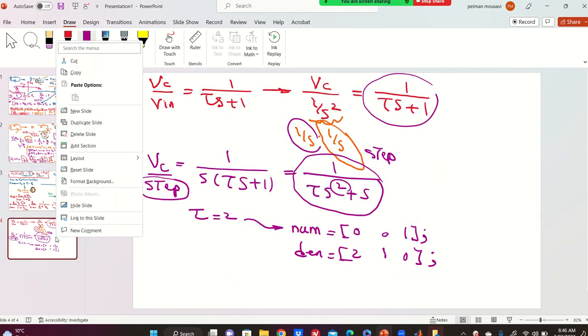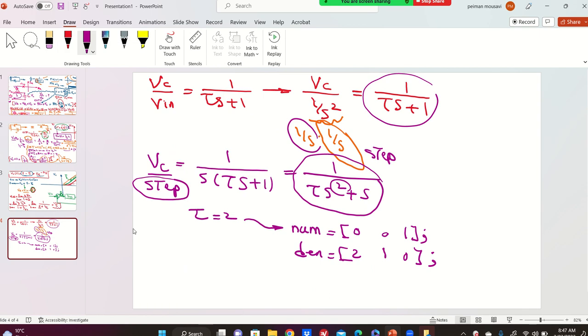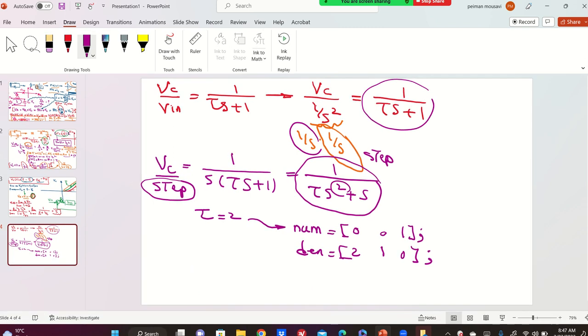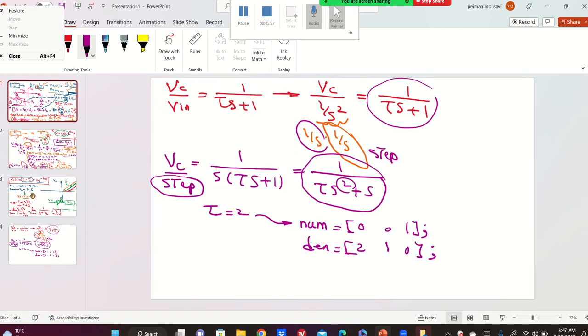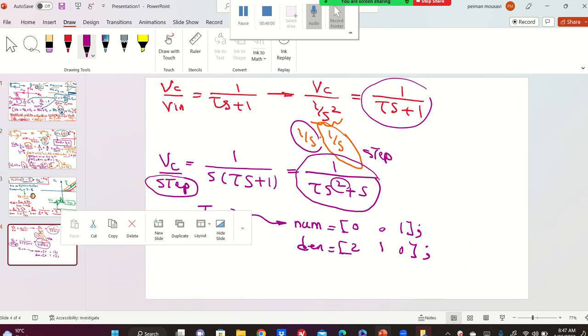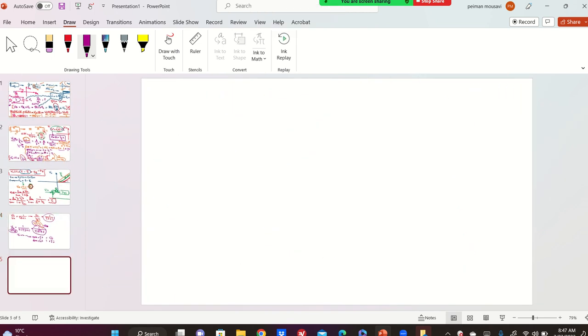So now we applied A as the impulse, B as the unit step, C as ramp as input. Now D is gonna be parabolic, but where for this system?